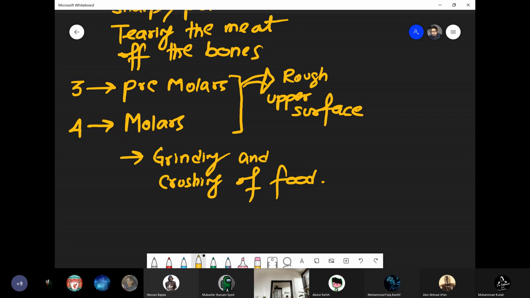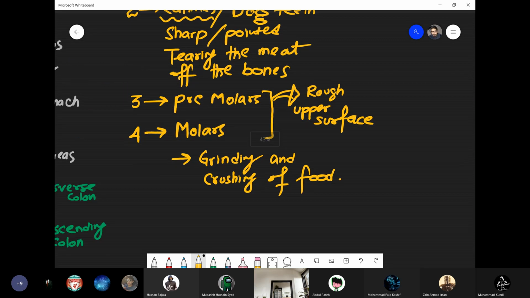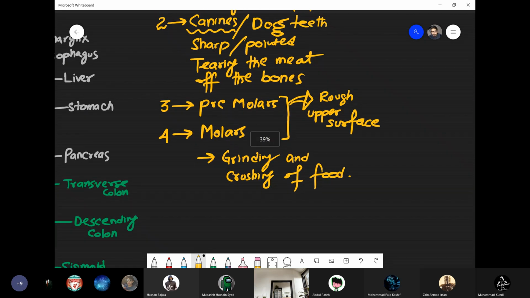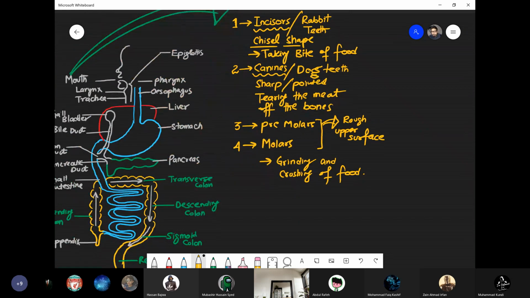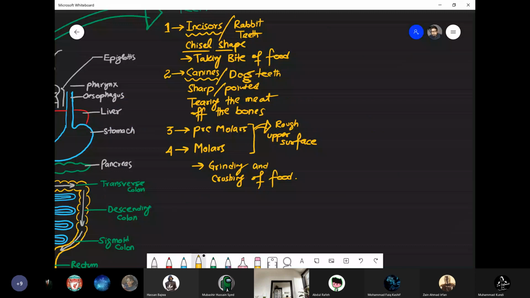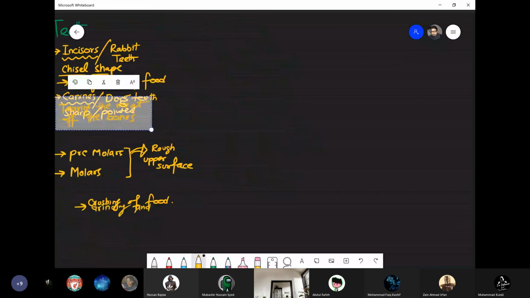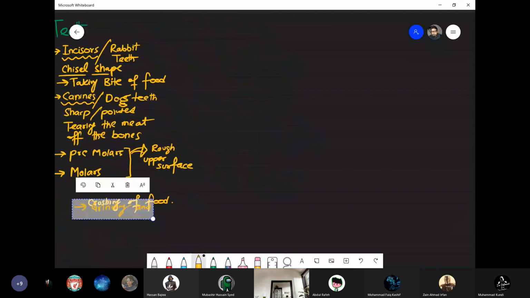They help in grinding and crushing of the food. Understood, everyone? Yes, sir. Now, boys, I am going to teach you about the structure of the teeth.